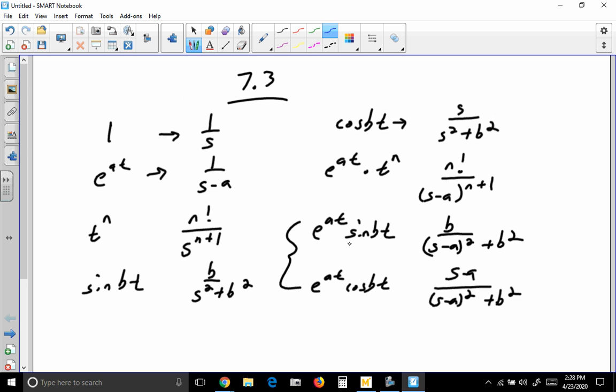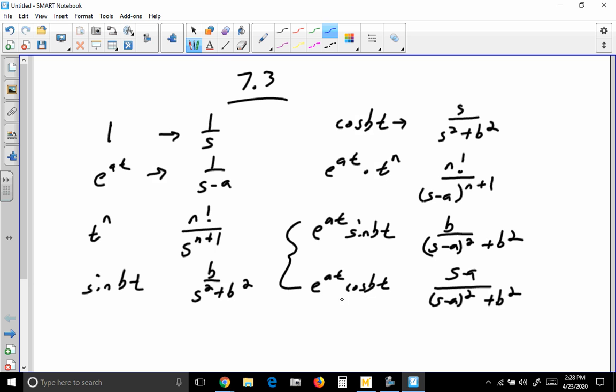So let's look at this one. For sine, the transform of sine was b over s squared plus b squared. Think about this as a composition. We take this, and everywhere we have an s, we replace it with s minus a, because this e part slides this whole transformation over a units.